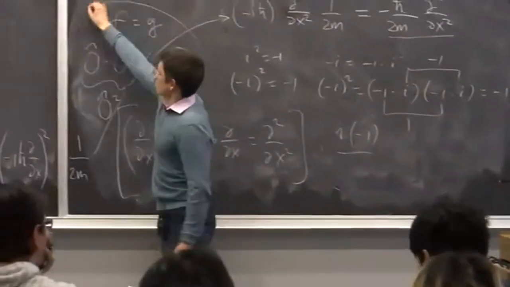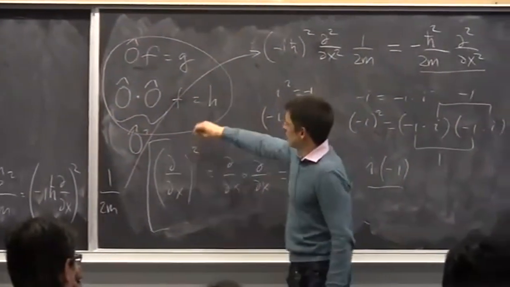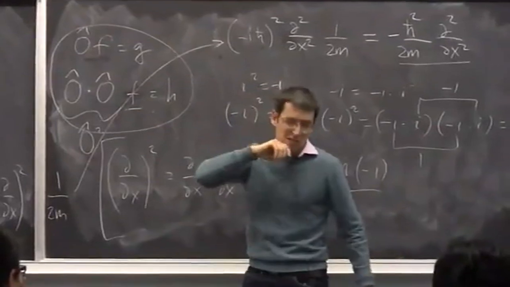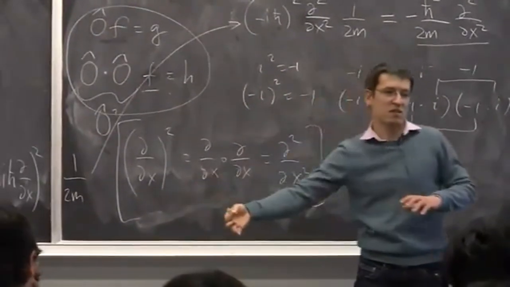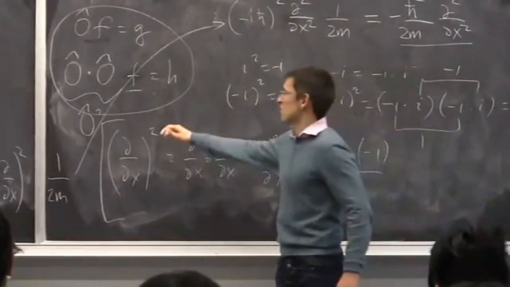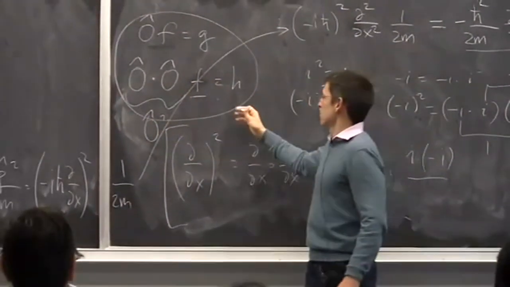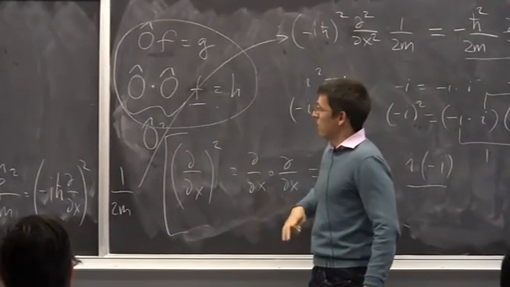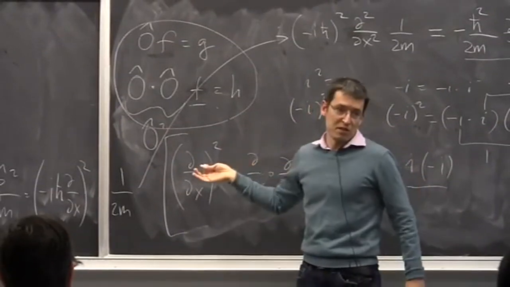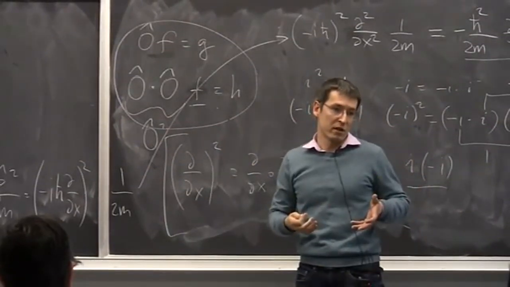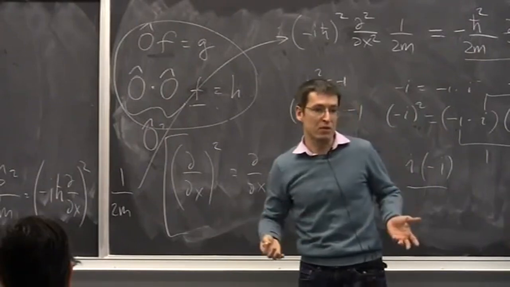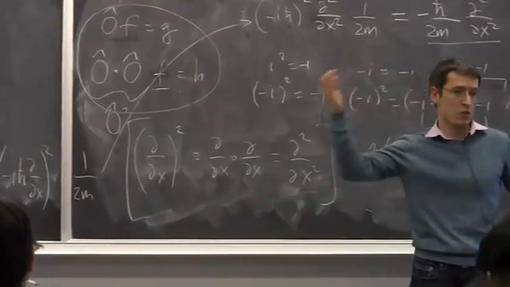You're referring to these expressions, right? So here, with operators, sometimes it's convenient to put the function on the right-hand side, or consider that there is some function that these operators are acting on, right? So that's what I've done here, but that's not necessary. You can operate with operators like they're just some mathematical objects, and that's what I did. I just squared the operator.